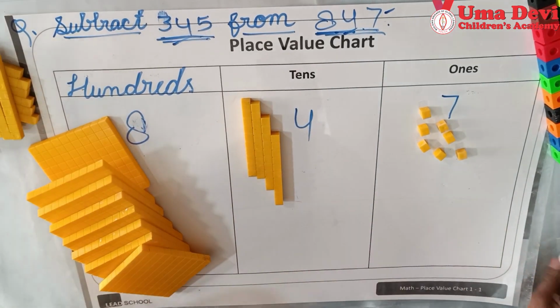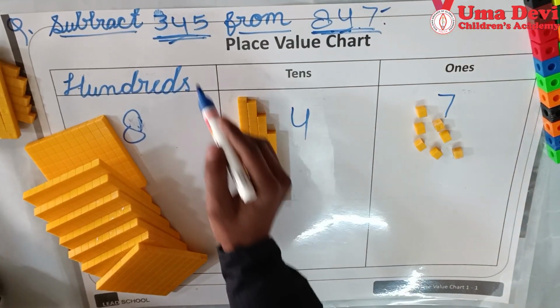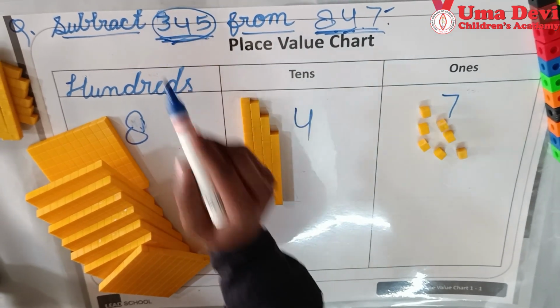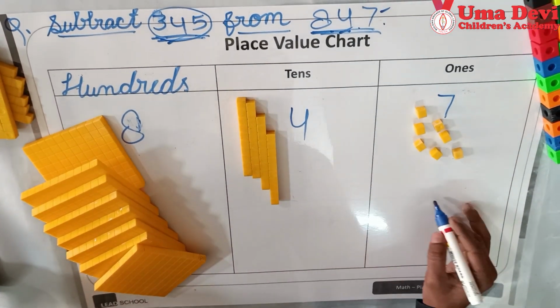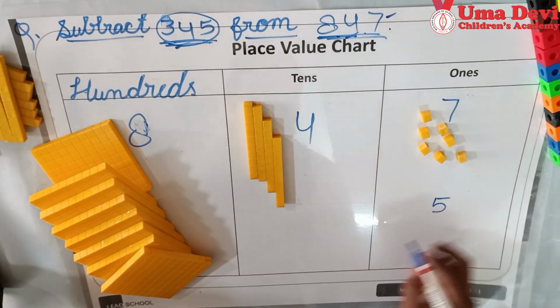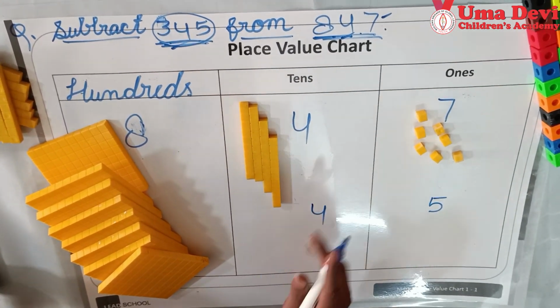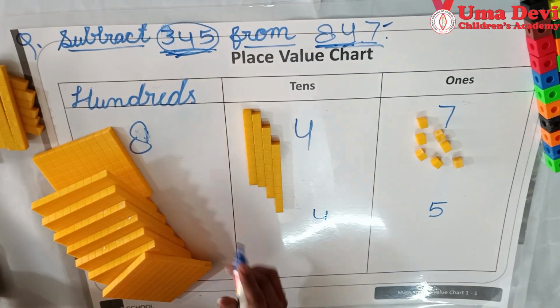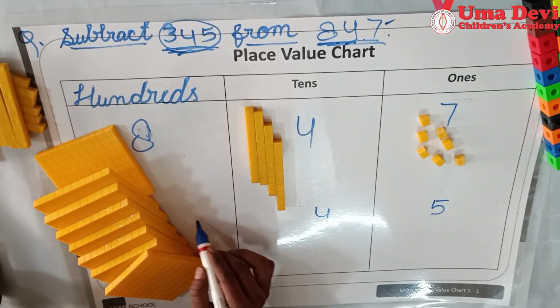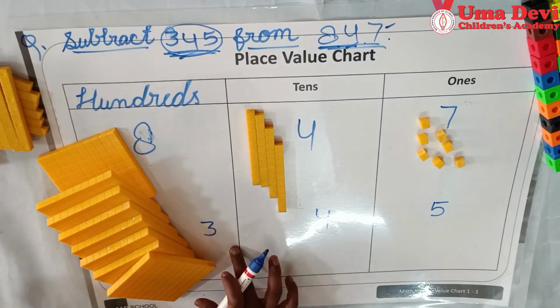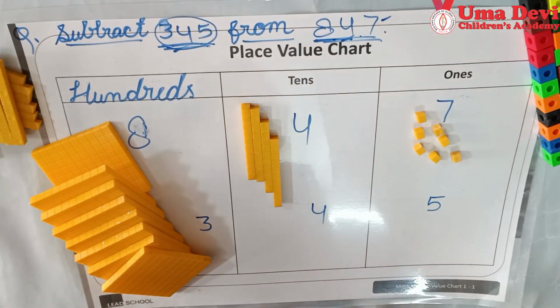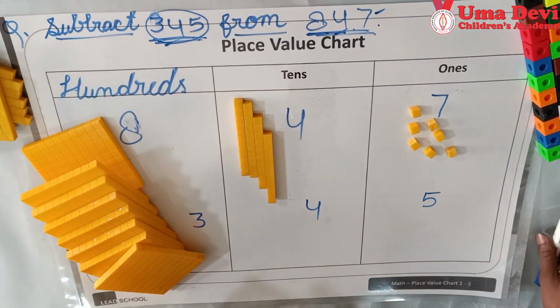So look here, which number do we have to subtract? We have to subtract 3, 4, 5. So 5 will come here in the ones column, 4 will come in the tens column, and where will 3 go? 3 will come in the hundreds column, right? We have to subtract these numbers from the number written at the top.